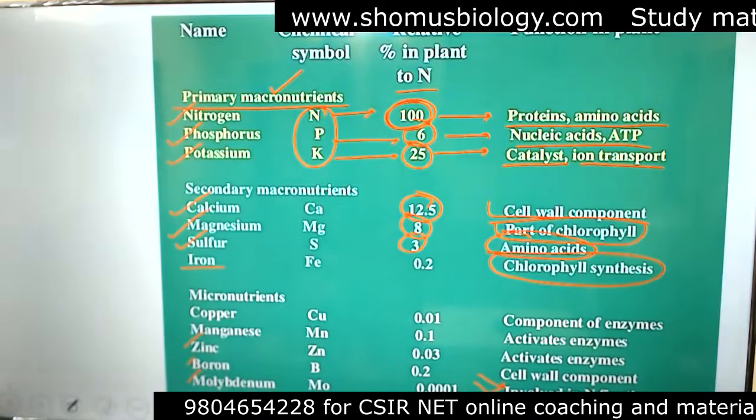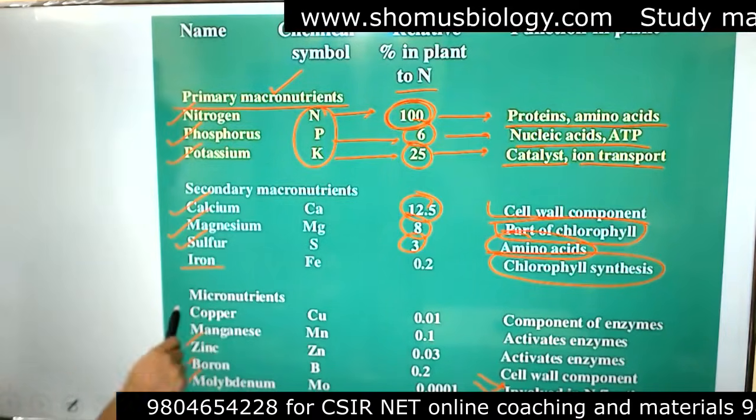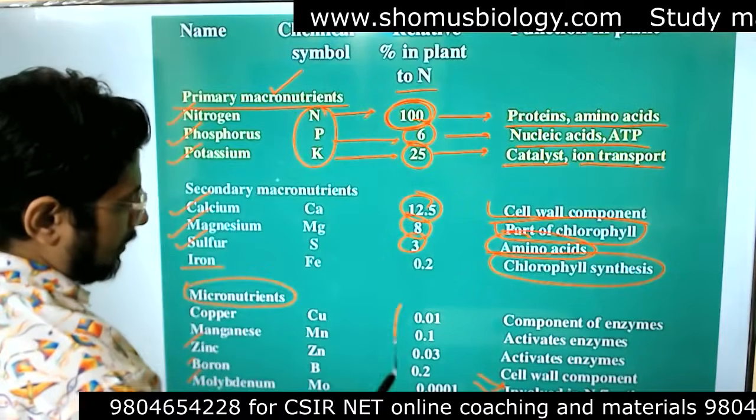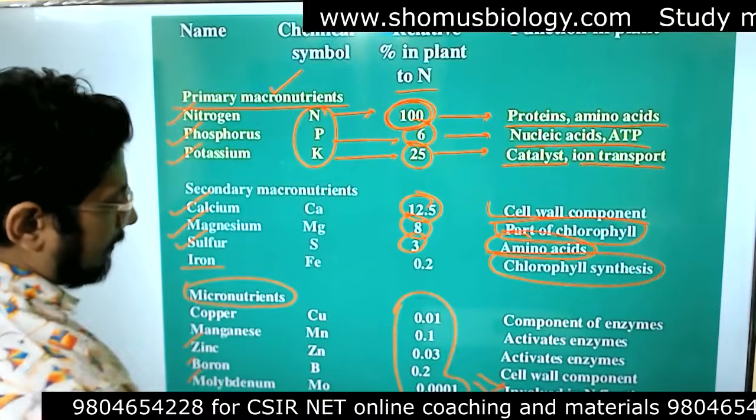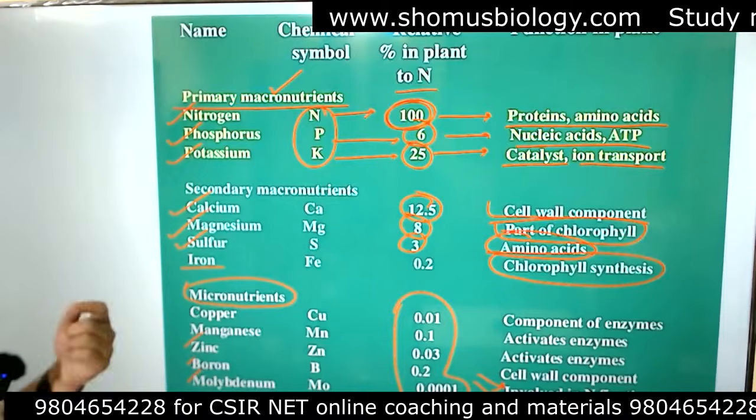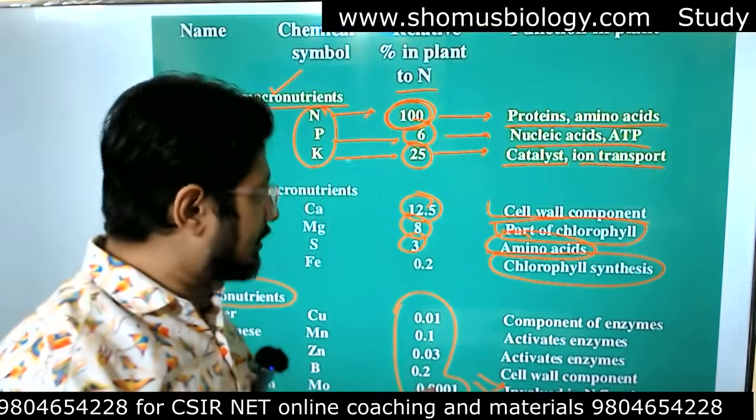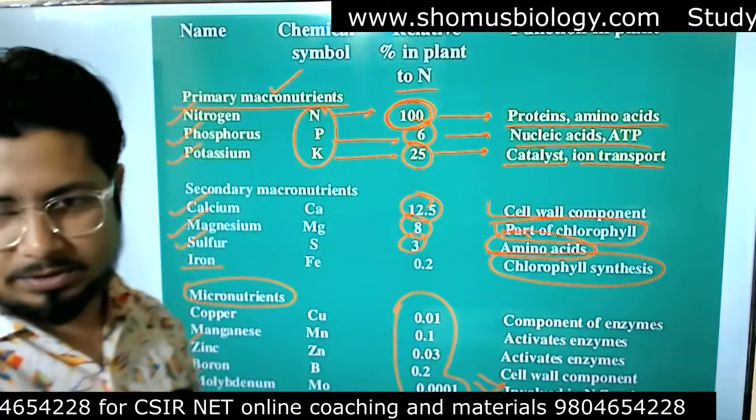Why do we call them micronutrients? Because they are present in very low amounts, their activity is there in very low concentrations compared to nitrogen.